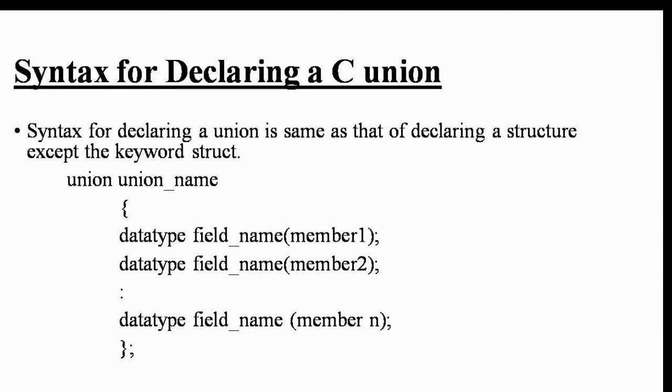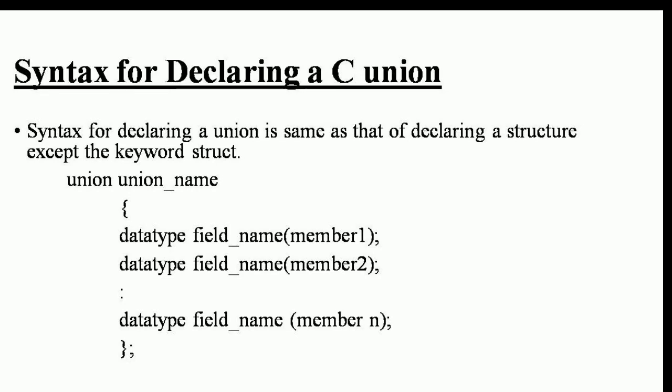Curly braces start, data type field_name member 1, data type field_name member 2, and so on, data type field_name member n, every line ended with a semicolon. At the end, curly braces close, ended with a semicolon.